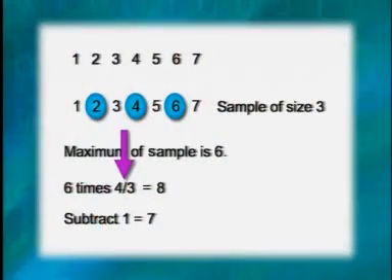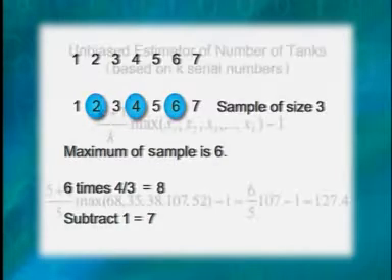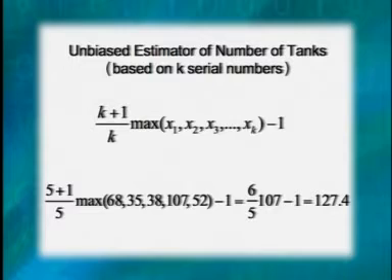Well, the answer is if we multiply 6 times 4/3, because you basically are dividing this range between 1 to 7 into 4 parts, and you're going to take a third of them and add an extra one, then subtract 1, you get 7.